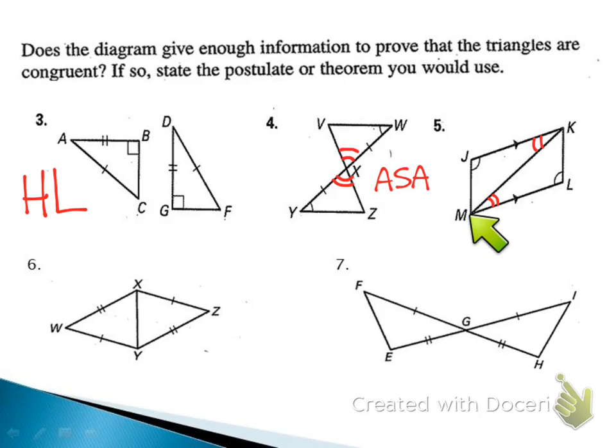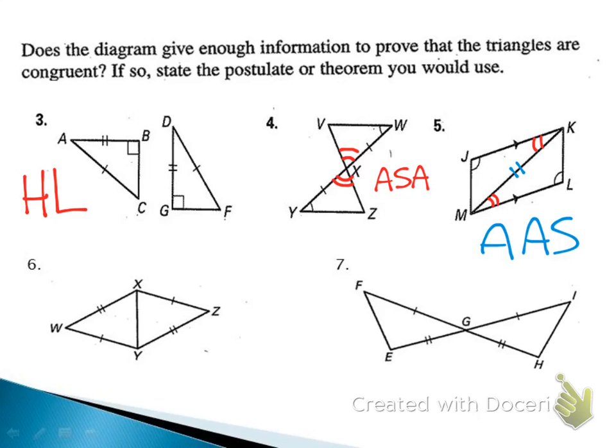It's a segment that's in both triangles. Yeah, do you see how MK is a side of both triangles? It's congruent to itself. So you have to realize that those sides are congruent as well. So now what do I have? Angle, angle, side matches with angle, angle, side. So this one is AAS. That one's kind of tricky. Lots to notice about that.